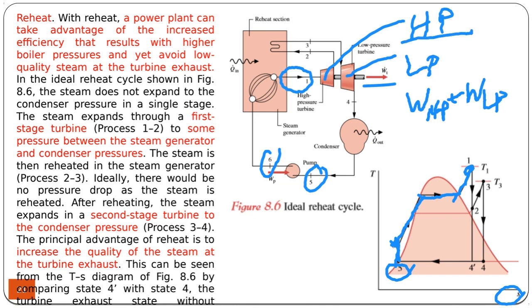As it expands to this pressure, it produces high pressure turbine work. Then it goes back to the boiler to be reheated to some other temperature. After the reheat, it goes to the second turbine, which is the low pressure turbine, then to the condenser. So by having a reheat, it's possible to increase the efficiency of the Rankine cycle.